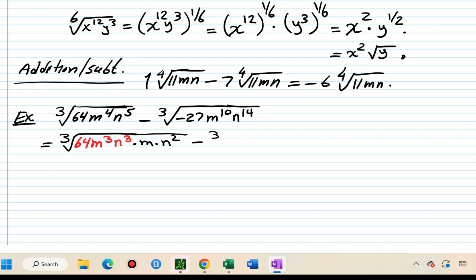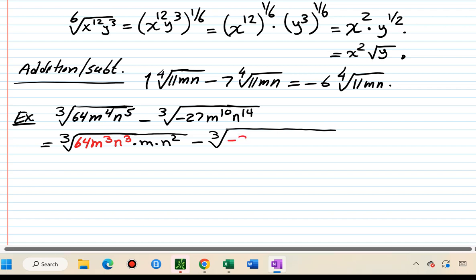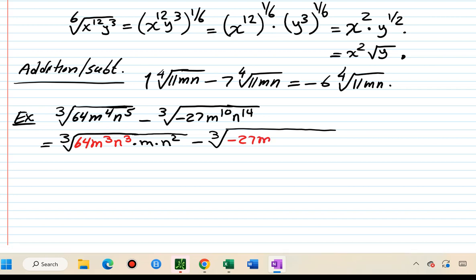Now in the second radical, we're going to do the same thing. Negative 27 m to the 10th n to the 14th. We want perfect cubes in this second one. Well, negative 27 is a perfect cube. That's negative 3 times negative 3 times negative 3. And I can write this as m cubed, m cubed, m cubed.